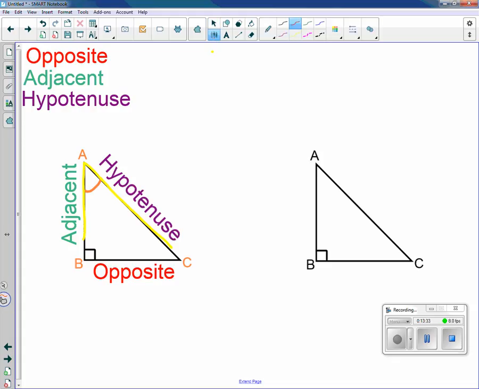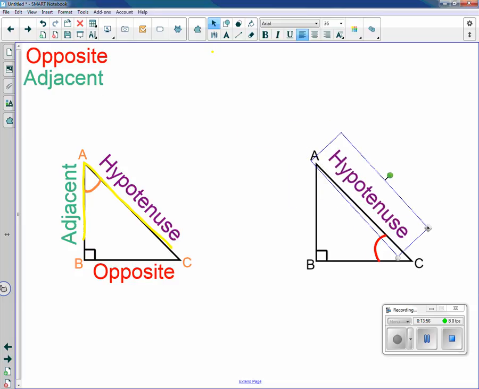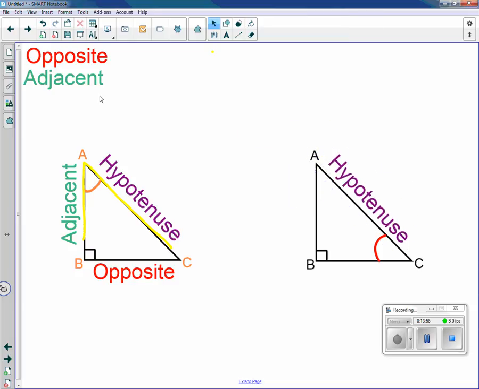Let's go ahead and do it in reference to angle C. Highlight angle C and tell me what my opposite and my adjacent side would be. My hypotenuse is the one I can automatically do. Where is that? AC, good. And it's just because it's across from the right angle. Is everybody with me? Now, what would be my adjacent side?